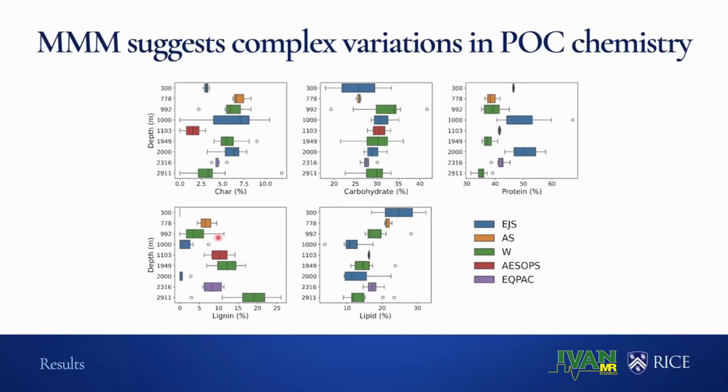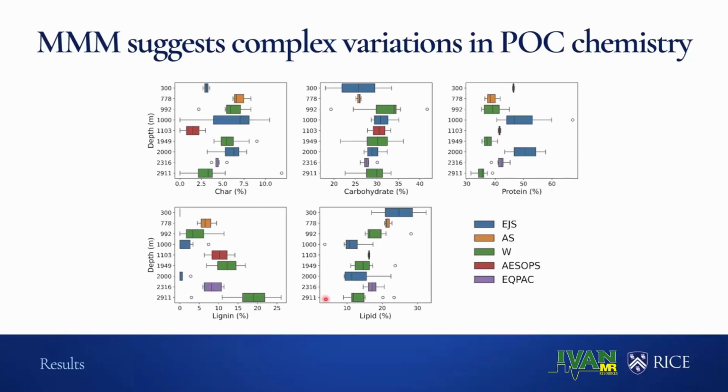The POC from all depths contains some degree of char and lignin, which indicates that all POC samples contain some terrestrial material. Both char and lignin are terrestrially derived components, probably due to the adsorption of land-derived dissolved organic matter.